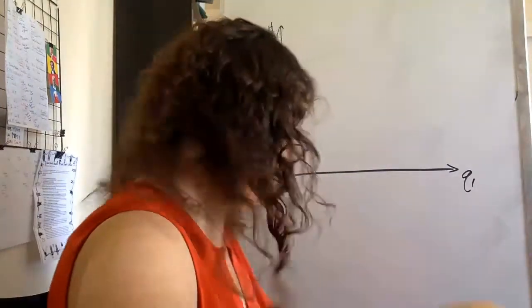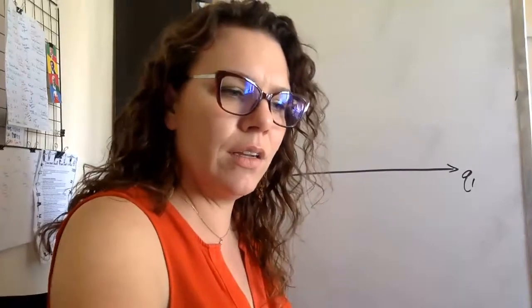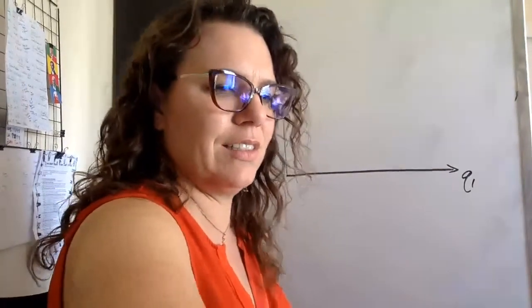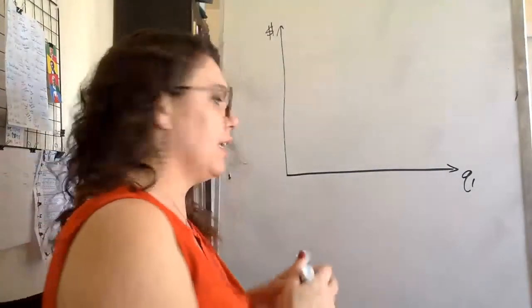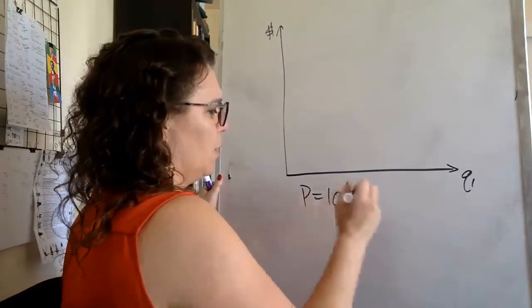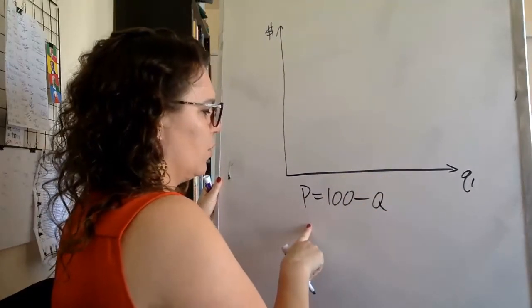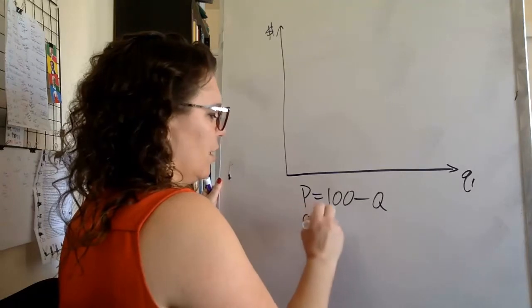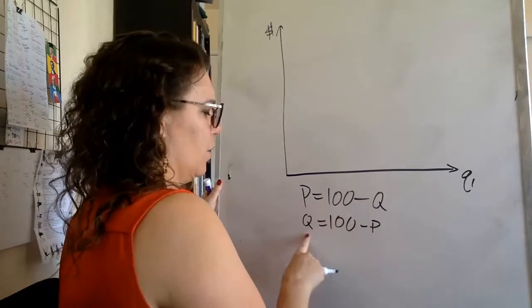So for market demand, remember, it is given by the inverse demand function P equals 100 minus Q, which means if Q is 0, P is 100. And if we get the actual demand function, we have the same case where if P is 0, Q is 100.